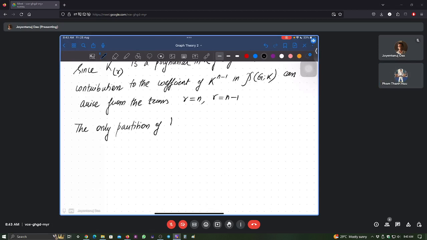The only partition of the vertex set V of G into r equals n independent sets is the one with each vertex in a set by itself, right?